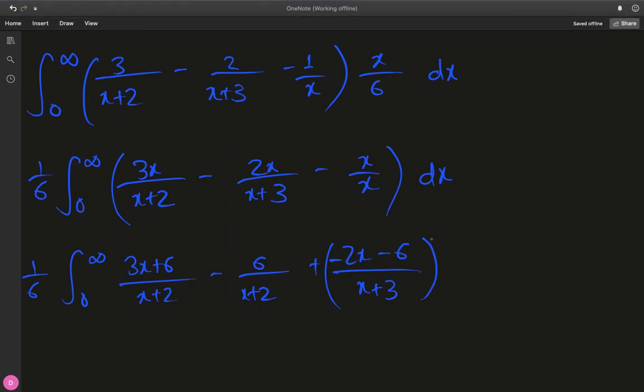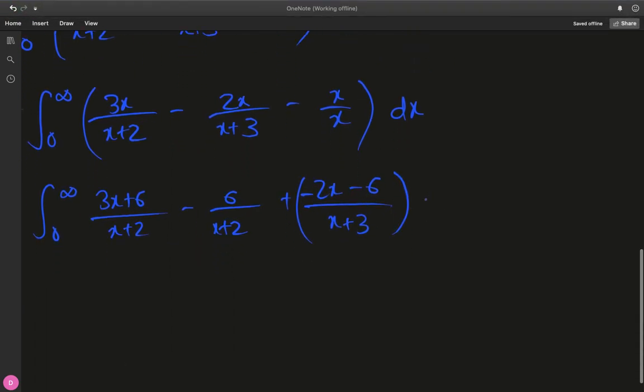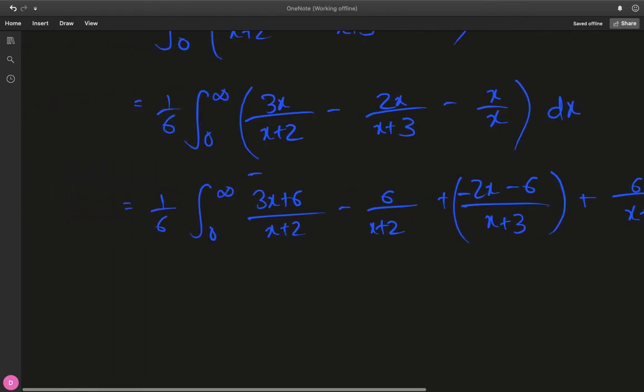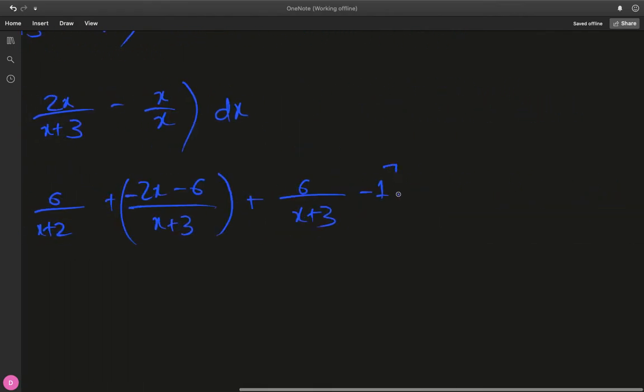So I took the minus inside, so minus 6, but then we have to add 6 because we did not originally have a 6. We can't just pop it in when we like. And this is just minus 1, and all of this is integrated with respect to x.